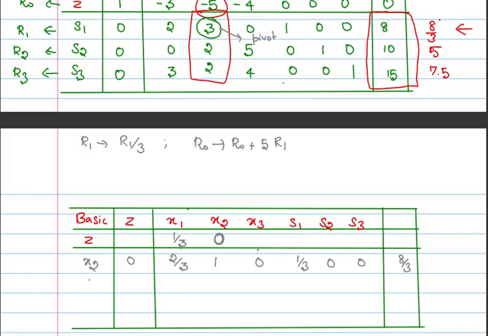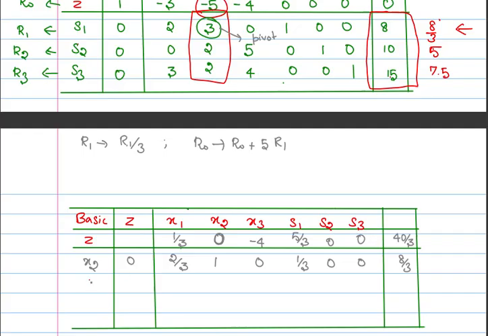Here, because 0 times 5 is 0, minus 4 plus 0 is minus 4. Here 1 by 3 times 5 gives 5 divided by 3. Others are 0. And here 0 plus 5 times 8 by 3 is 40 divided by 3.